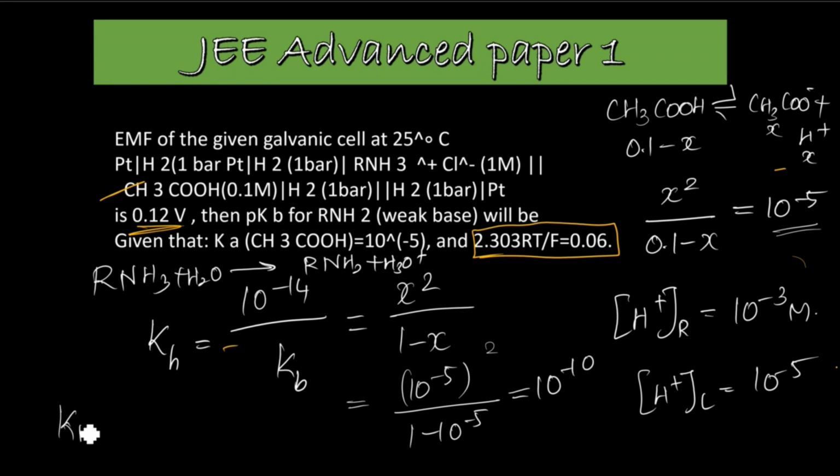Then Kb will become 10 to the power 4. Okay, Kb is 10 to the power 4. Then pKb becomes minus log of the same value, which is 4. So the answer to this question is 4.